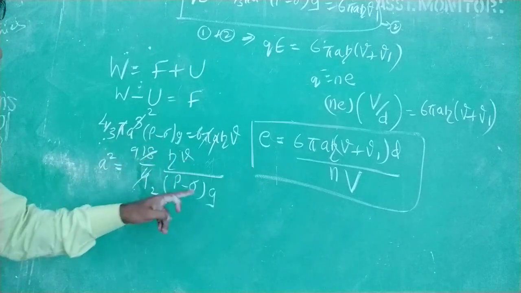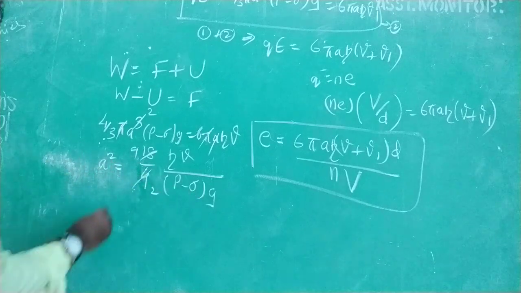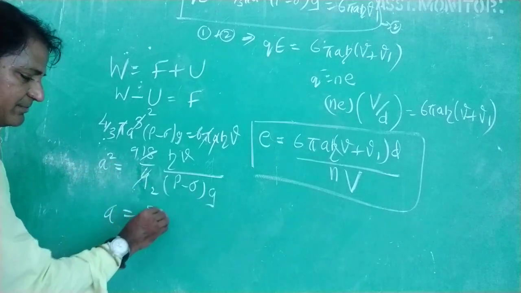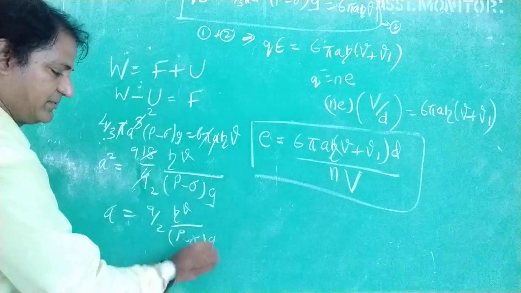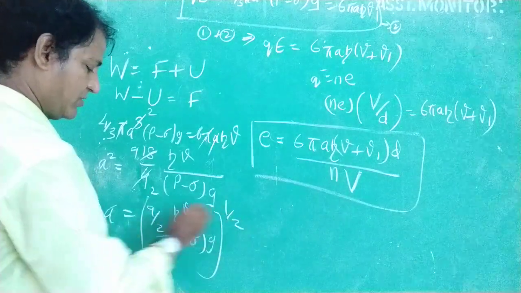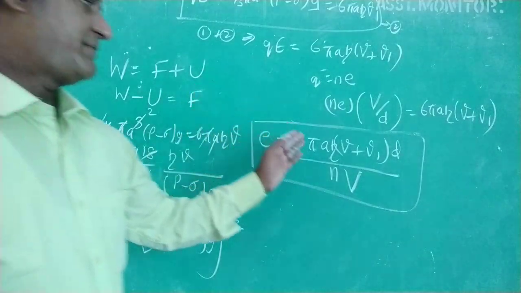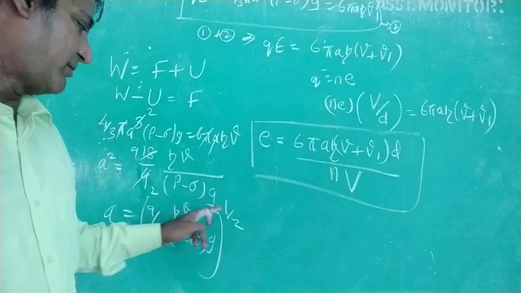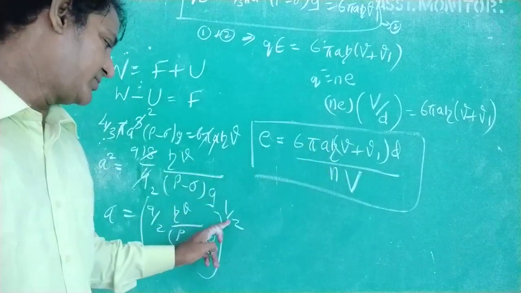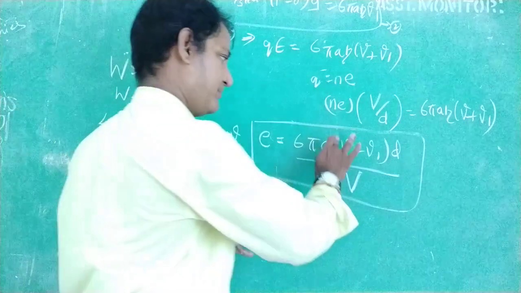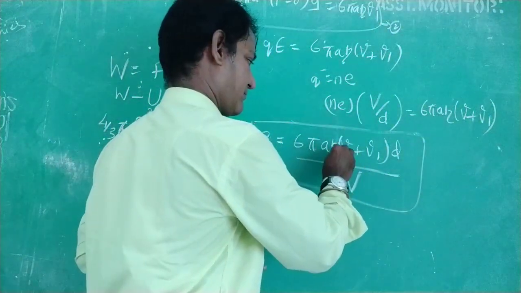So a is equal to 9 by 2 eta V by rho minus sigma into g, whole power 1 by 2. If I substitute the value here, eta power 1 by 2, here eta power 1, so eta power 1 by 2 times eta power 1 is eta power 3 by 2.